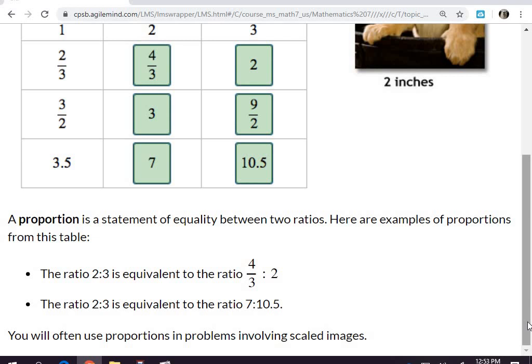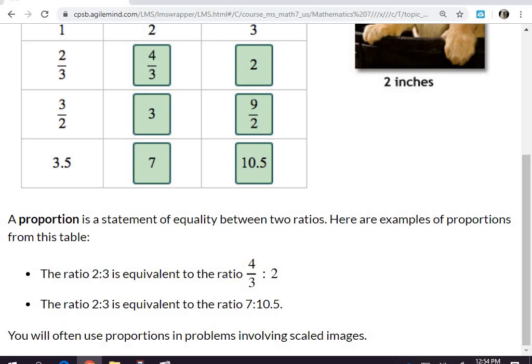A proportion is a statement of equality between two ratios. Here are some examples. This 2 to 3 was the same thing as 4/3 to 2. They're equivalent ratios. And it was also equivalent to 7 to 10.5. Even though it looks funny, they're still equivalent ratios.